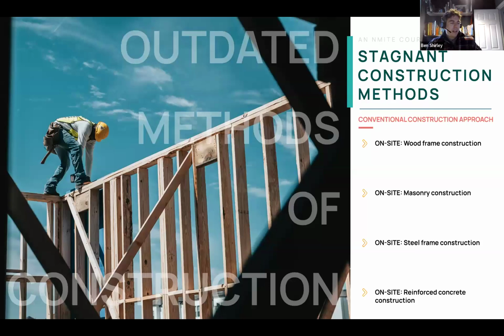The point being that conventional construction practices at the moment have inherent inefficiencies. Not to say there aren't lots of innovations within the conventional construction approach, but the way we see it is we need more professionals working in more modern methods of construction and looking towards the future.